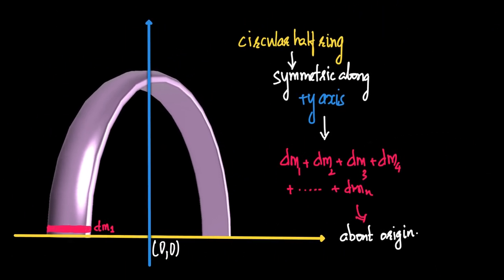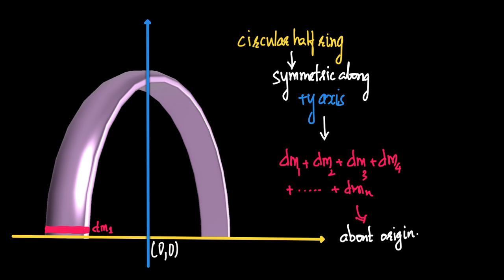After that, let us consider a semicircular ring, or a circular half ring, placed in such a way that it is symmetric to the y-axis and comprises many small masses dm1, dm2, dm3 respectively. So we have dm1 here, and then we have another small mass dm2, dm3, dm4, and it repeats till we reach the complete half ring.